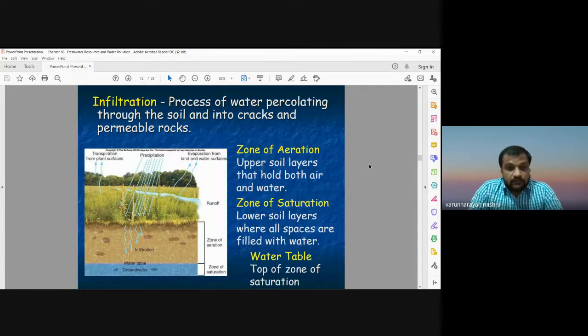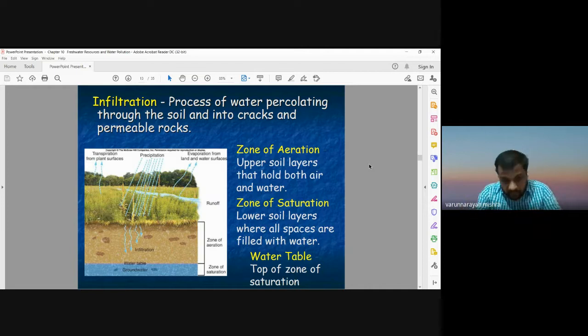Infiltration is the process of water percolating through the soil into the cracks and permeable rocks. When there is rainfall in the form of precipitation or any kind of water on the earth's surface, the water percolates through the soil and the cracks in the rocks, or there may be permeable rocks.